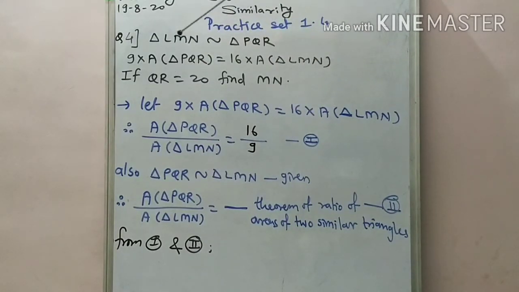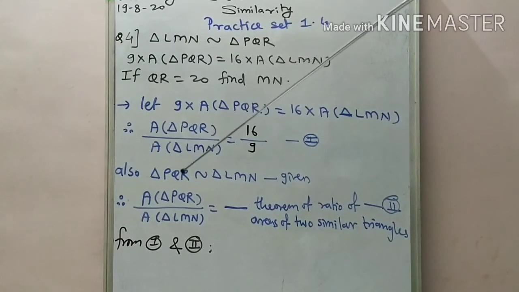Okay, now again, it is given that triangle PQR and triangle LMN are similar triangles. So if two triangles are similar, then according to the theorem on the ratio of areas of two similar triangles, the ratio of areas of two triangles is equal to the ratio of the squares of their corresponding sides. Here we write down only those corresponding sides that are given and that we have to find.